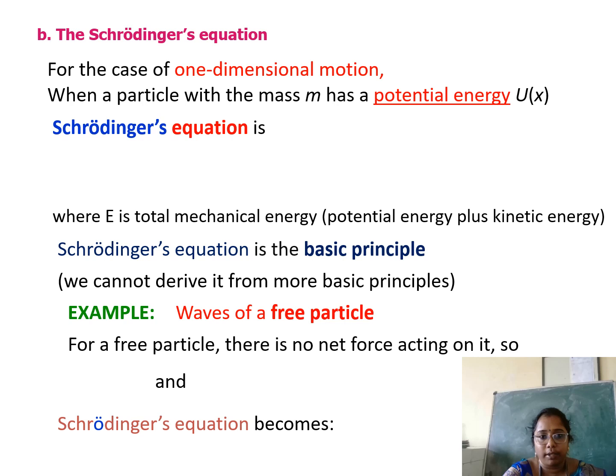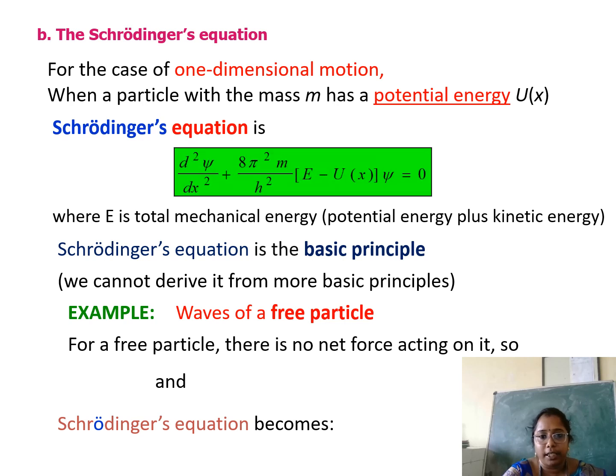Now, let us go to the Schrodinger equation. For one-dimensional motion, when a particle with mass m has a potential energy, the Schrodinger equation is d square psi by dx square plus 8 pi square m by h square into E minus U of x into psi is equal to 0.